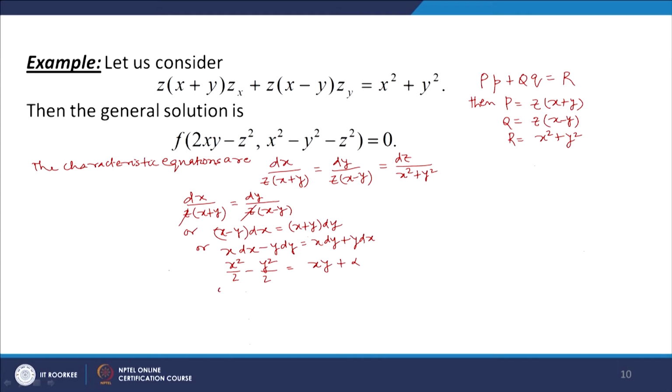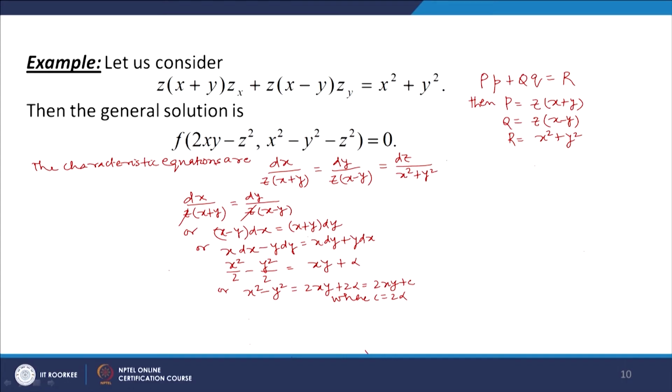Or I can write x square minus y square equal to 2xy plus some constant c, where c is 2 alpha. So, one solution we have found: x square minus y square minus 2xy equal to constant.